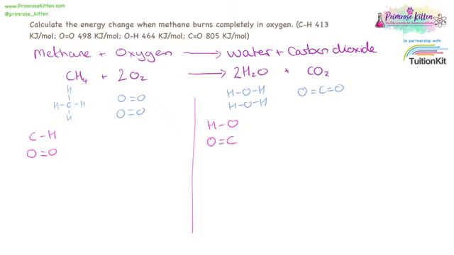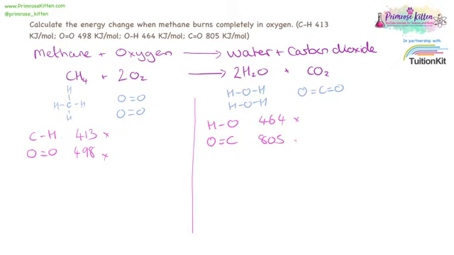Each carbon-hydrogen bond, we can see from the question, has a value of 413. Oxygen-oxygen bonds, 498. Oxygen-hydrogen bonds, 464, and oxygen double bonded carbon, 805.